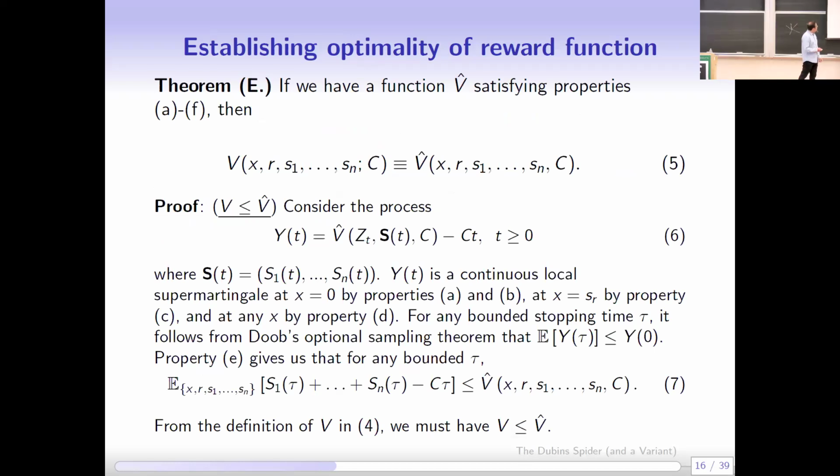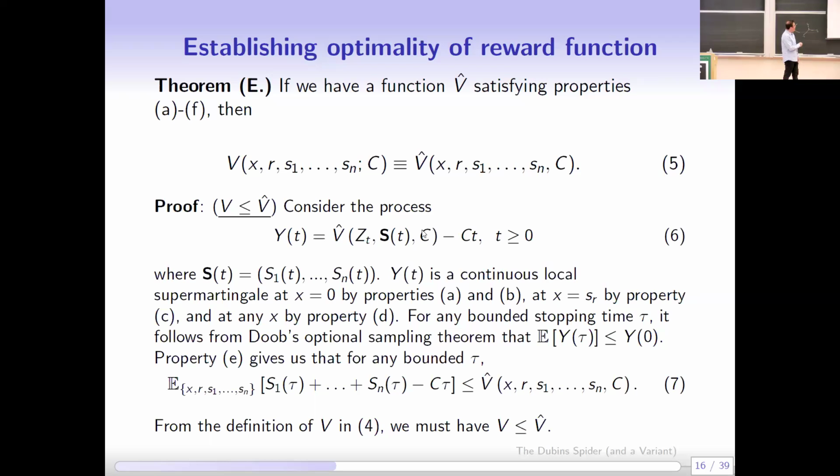So how do you prove the optimality of this guess? Well, first you start with the inequality that V hat will be bounded by V. You consider a continuous local supermartingale, Y_t, which is V hat. Z_t again is a bivariate Brownian spider. S_t is this vector of the supremums on each of the ribs.